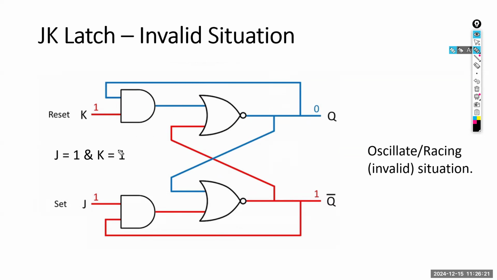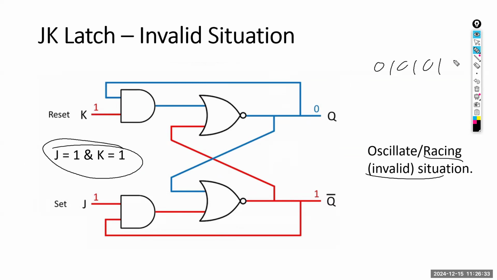Okay. When you go for J equal 1, K equal 1, sometimes we call it racing situation because when you give 1, 1, your output keeps changing. Output 0, 1, 0, 1, 0, 1 like that. So that we call a racing situation. But cleverly, we can use this for some advantages.